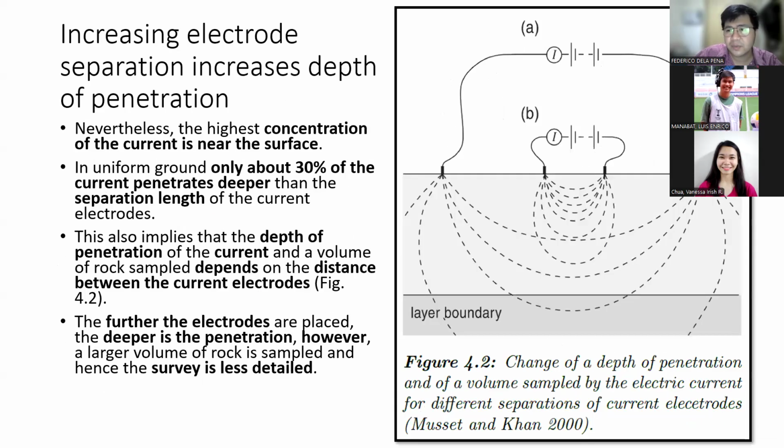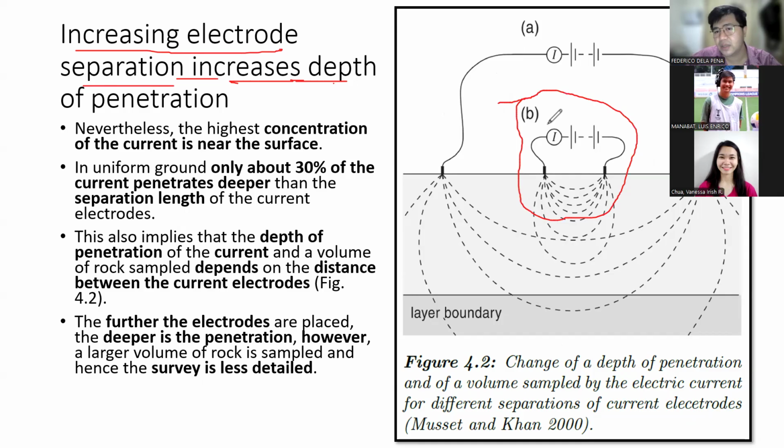Another important concept in surveying is that increasing electrode separation increases the depth of penetration. If you're initially injecting current using this setup, A and B, these are your two electrodes, they are essentially passing their current through a relatively small pathway.